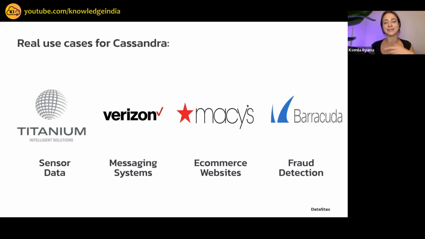You may ask, okay, I see a real use case of Cassandra. Here are the use cases. What is the meaning behind that slide? The meaning behind all this, where we started this story, we mentioned that Cassandra is a really powerful tool. But by giving you these examples and use cases, I want you to be mindful that Cassandra is a powerful tool for really big writes and relatively fast read requests.